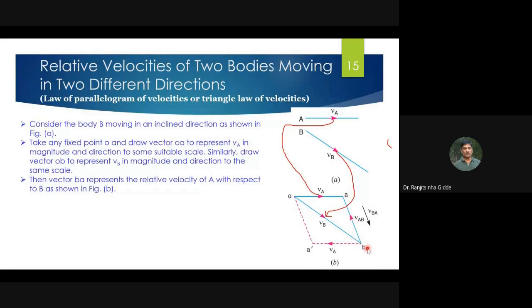Then this vector BA represents the relative velocity of A with respect to B. And again the same vector, if you read it like this, vector AB, what will it indicate?